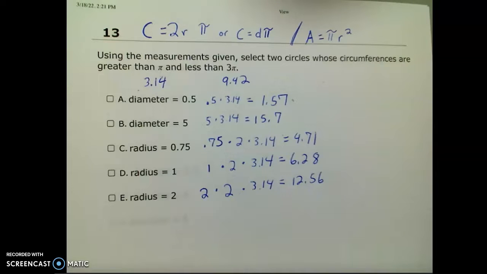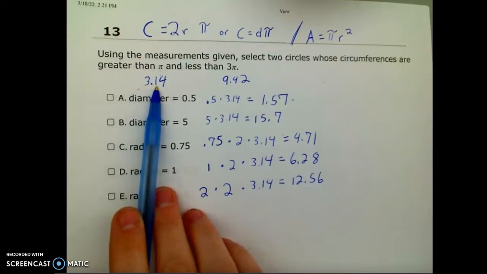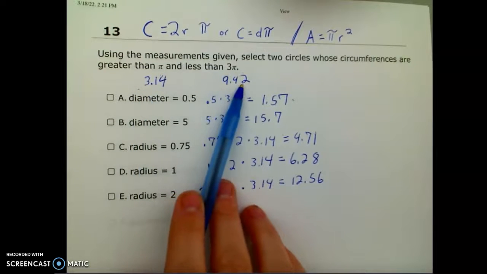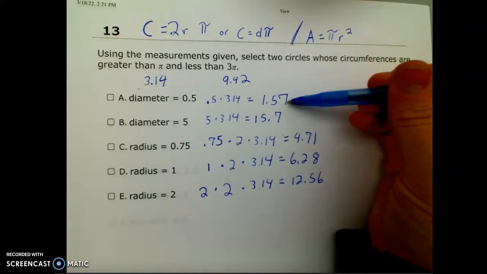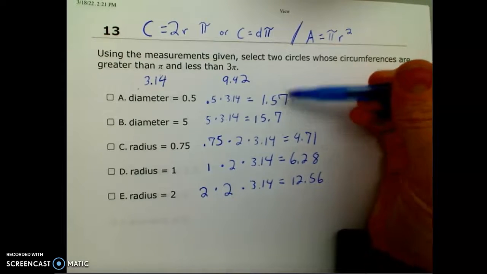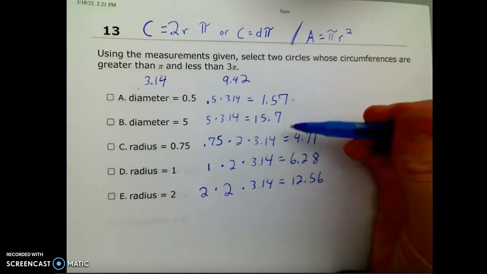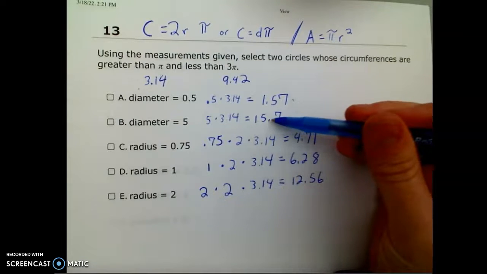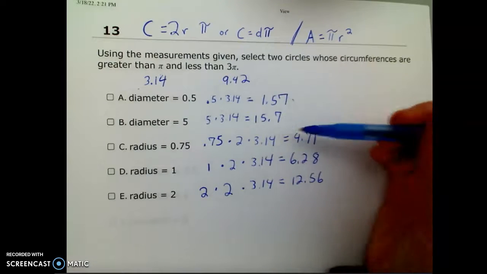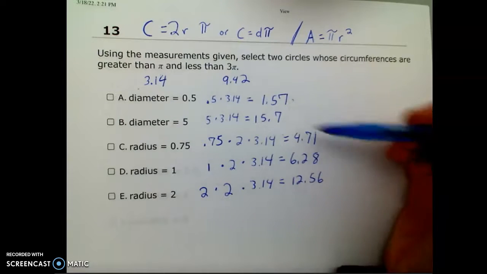So the question is, which one of these answers is in between 3.14 and 9.42? My first one, no, that is smaller than 3.14, so that's not an option. The next one, 15.7, oh, 15 is bigger than 9, that's not an option.